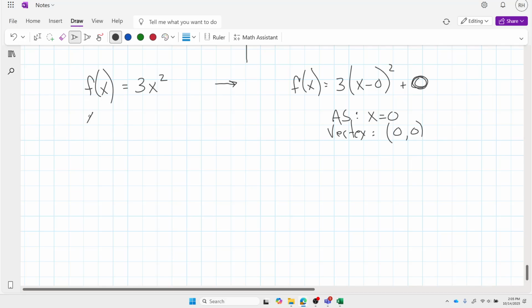All right, so the next step was to build a table of values. So you got your inputs, which are your x's, your outputs are your f of x. Vertex goes in the middle, so the vertex is at 0, 0. Now, if this a is a whole number, then just pick a 1 and a 2 as your other inputs, and then a -1 and a -2.